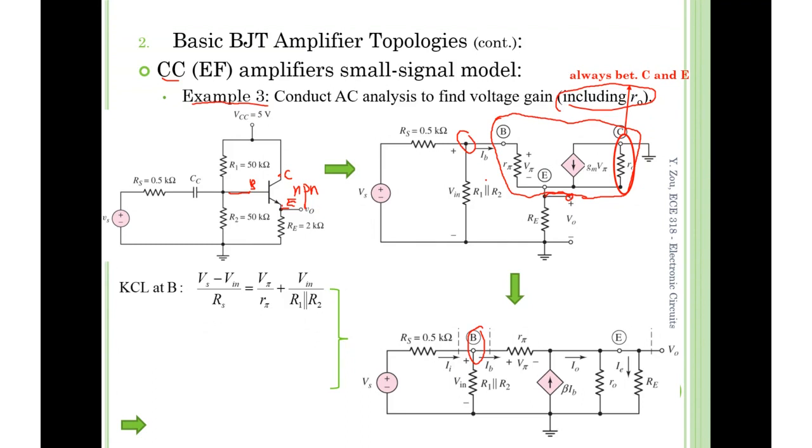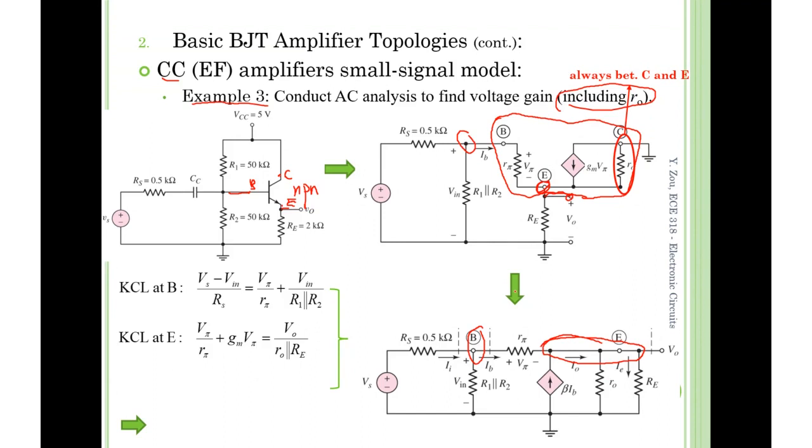So this is the KCL at the base. Next, KCL at the emitter. In this circuit, the emitter is this kind of throughput node, and here the emitter is just here. Anyway, multiple currents go in and out of this node. So we have the second KCL.